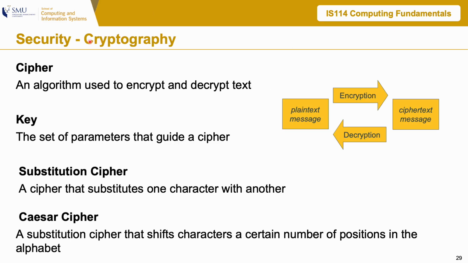Cryptography is essential for secure communication. It encrypts the original message and makes the message unreadable. Cryptography has 2 processes, encryption and decryption. The cipher is the algorithm used to encrypt the message, and the key is a set of parameters that makes the cipher work. We looked at a simple cipher called substitution cipher, which works by replacing each character with another character.